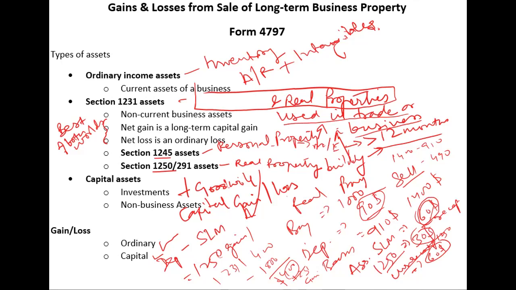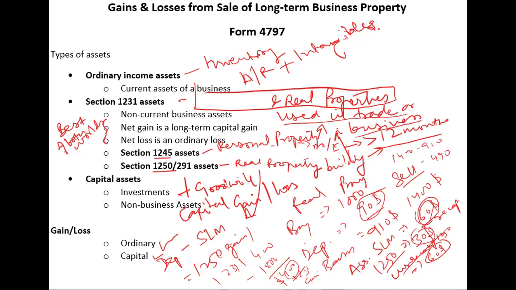In terms of section 1250, the recaptured one is considered as the ordinary gain, which is the difference between the depreciation and SLM method. Then the 1231 capital gain is the remaining gain, after accounting for section 1245 and 1250, which are the ordinary gains.